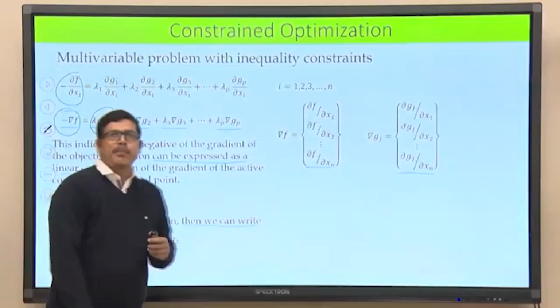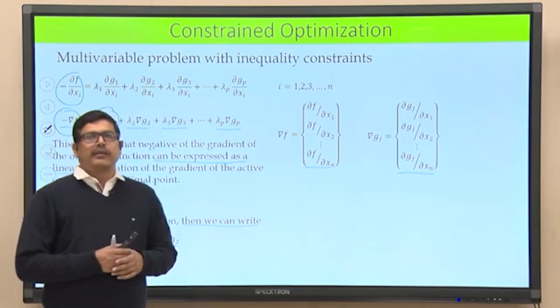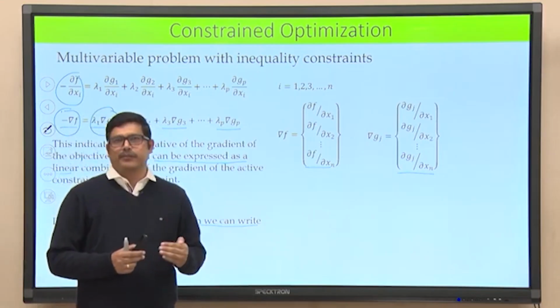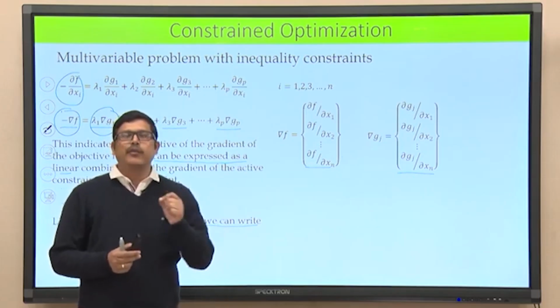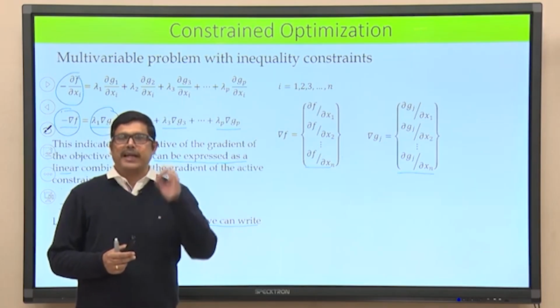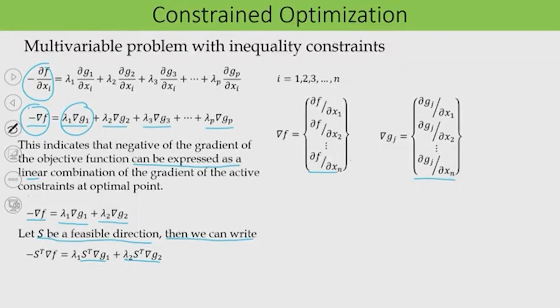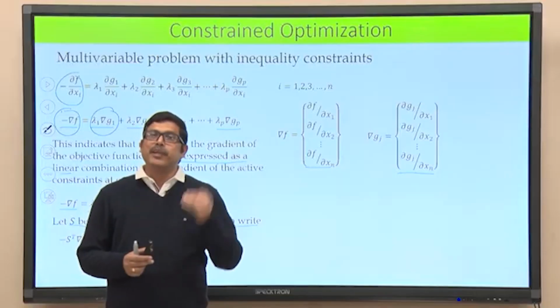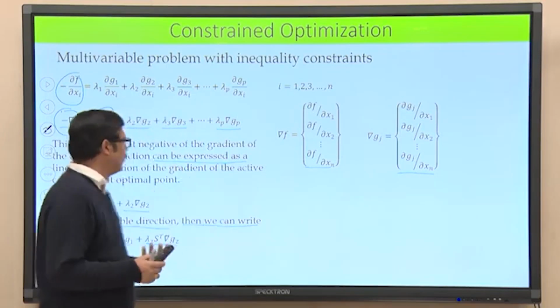Feasible direction means, again, please recall that the constraints are inequality constraints of the less than or equal to type, and the function is a minimization function. So, we are considering a minimization function here.